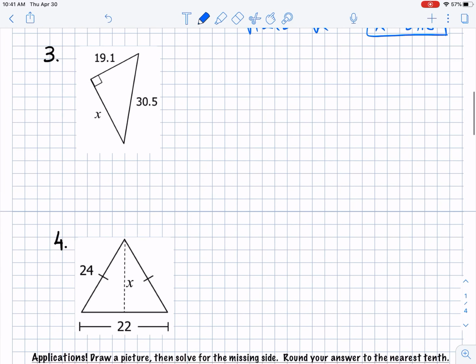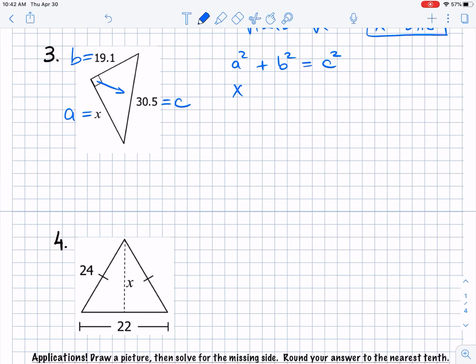So we're going to switch a little bit now. Now the hypotenuse is given to us, that is c, which equals 30.5, and one of the legs we need to find. So we have a squared plus b squared equals c squared.